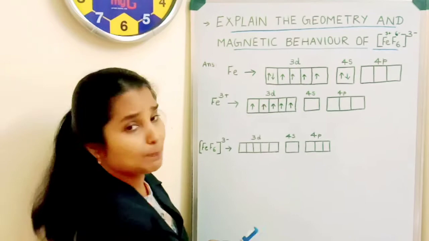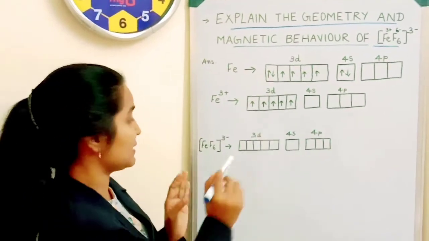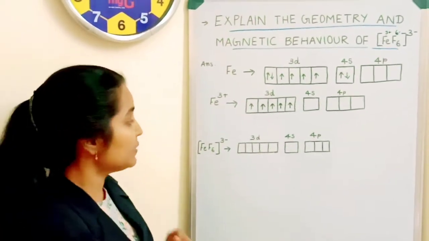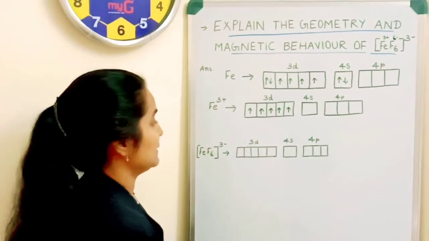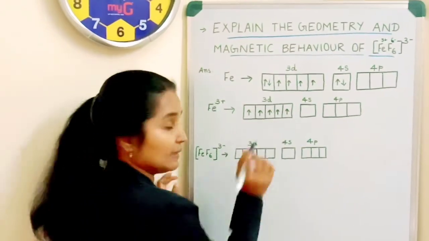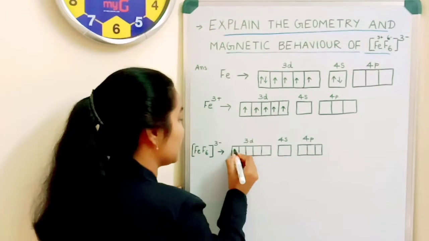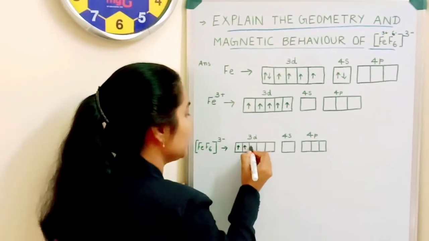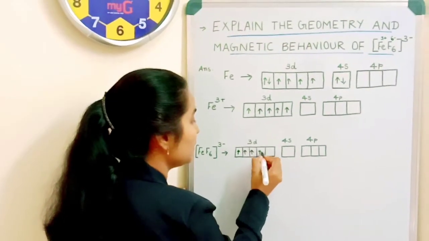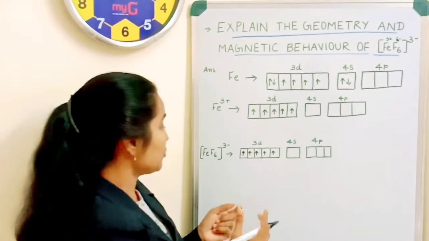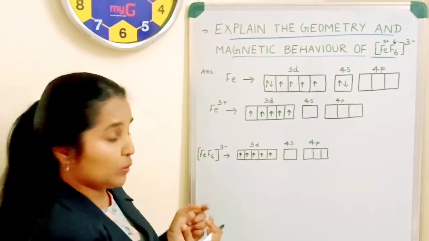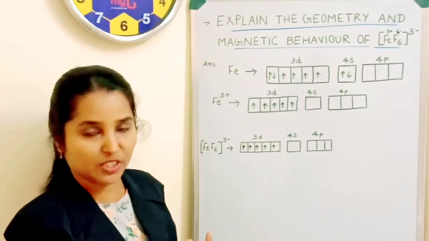And then the next step is the formation of the FeF6 3- complex. During the formation of that complex, the 3d orbital is having 5 electrons: 1, 2, 3, 4, 5. And to that metal ion, F- ligands are approaching.